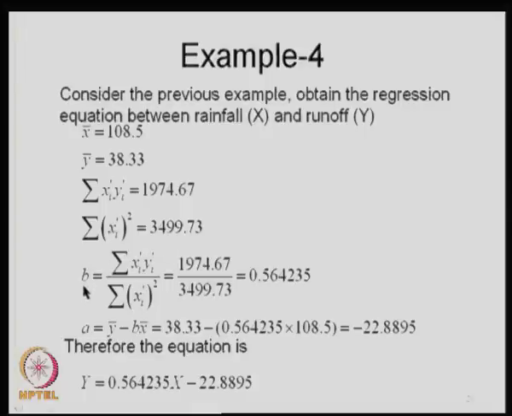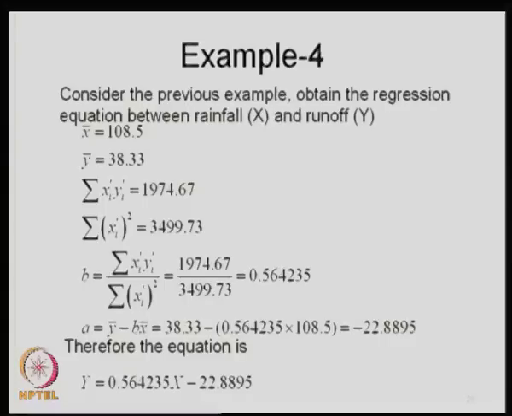So, from this you get first b turns out to be 0.56423, and then once you get b, you get a, which is y bar minus b x bar, which turns out to be minus 22.889, and therefore, y is equal to a plus b x, which is 0.564 x minus 22.895.